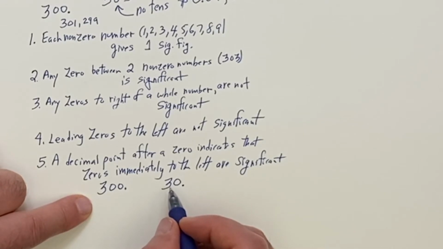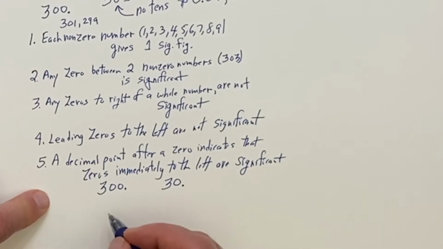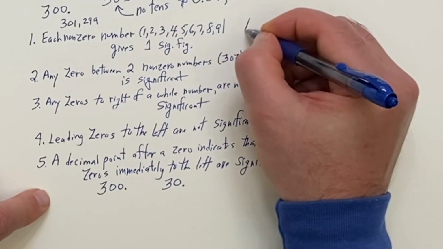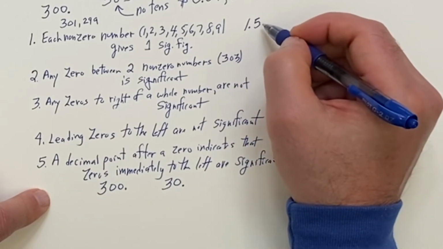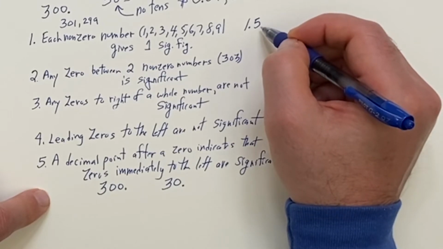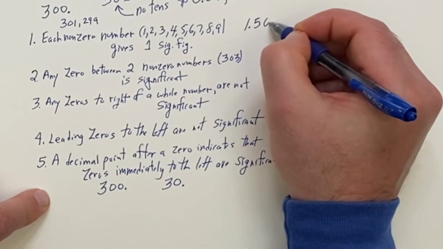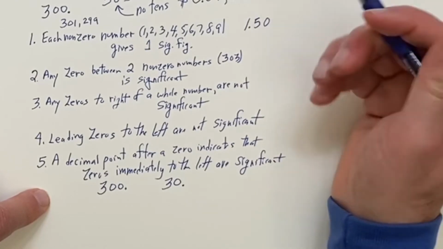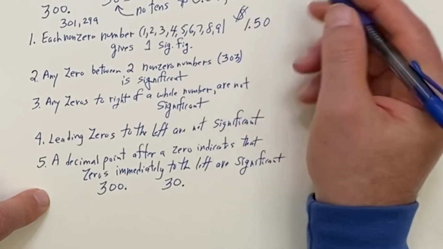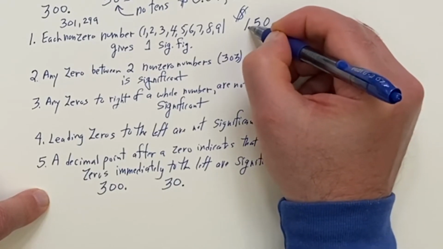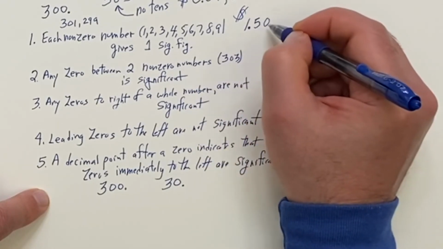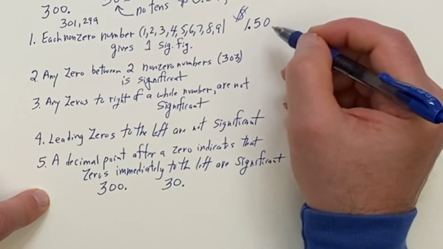That's very nice. Suppose you had 1.5, but you wanted to say, no, it's like $1.50. It's like I really have a zero there. Then if you put a zero on the right of the decimal side, that zero is significant. That kind of makes sense.